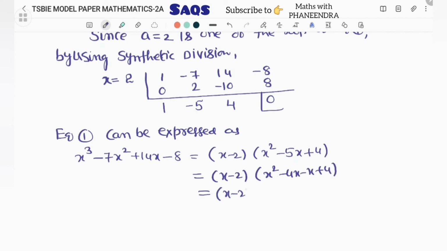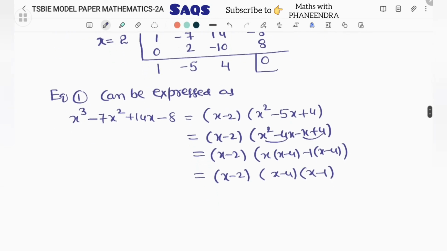So x minus 2 into x minus 4 take common, into x minus 1. So therefore this cubic equation is expressed as the product of 3 factors. Therefore the factors we can equate to 0, polynomial only, no?